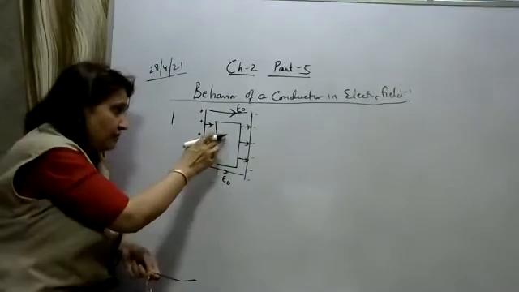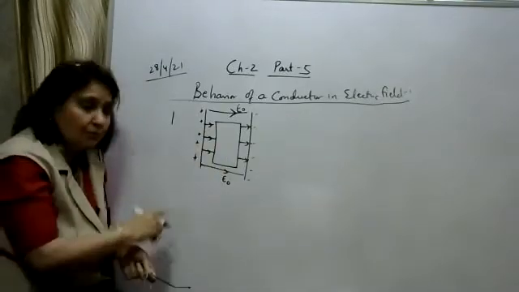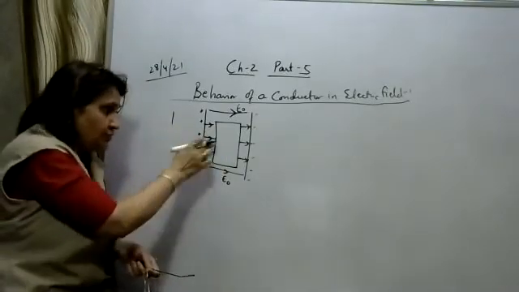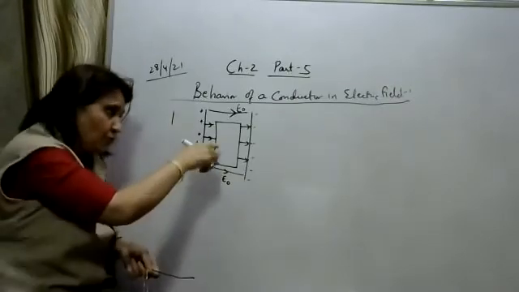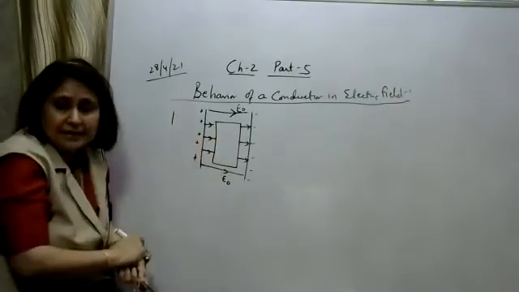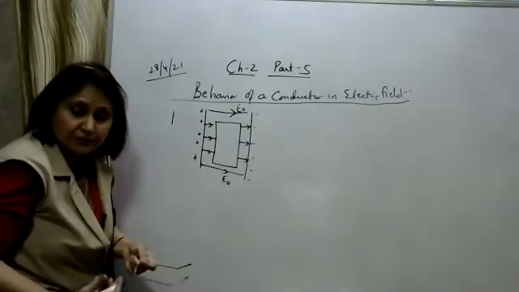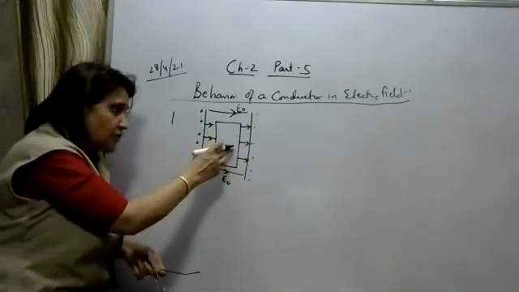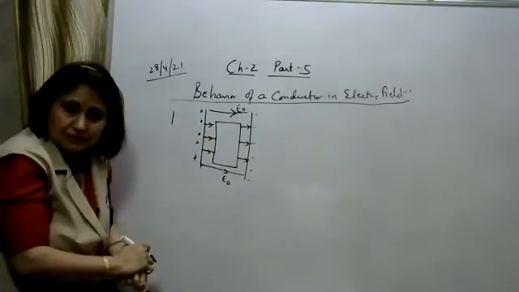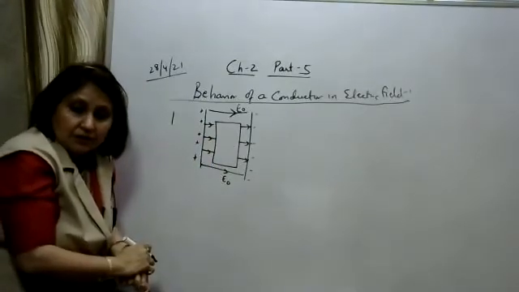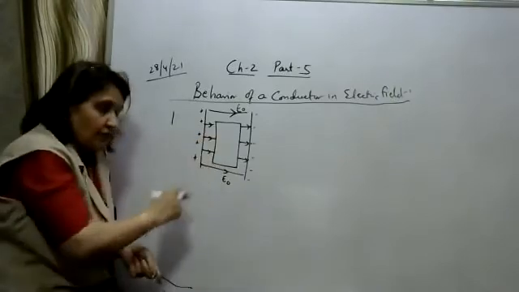In which direction will they move? They will move towards the positive sheet, so the free electrons will move in the opposite direction of the electric field. They are free to move in a conductor.